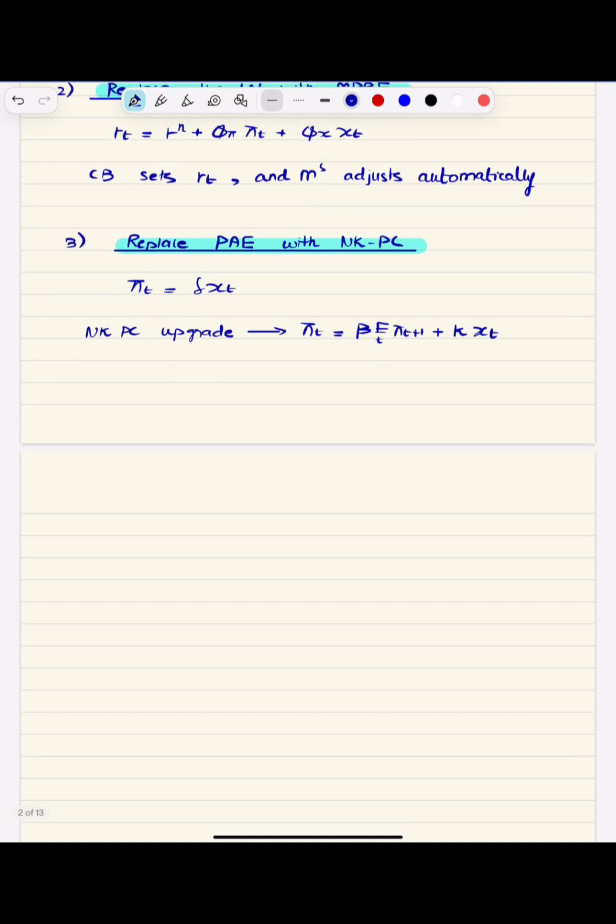Okay, so before concluding, let's juxtapose these 2 things and compare. There was a pre-New Keynesian framework, and now we have a New Keynesian framework. The pre-NK had the IS curve stated in levels. In the New Keynesian, the IS curve is stated in terms of the output gap from the natural.